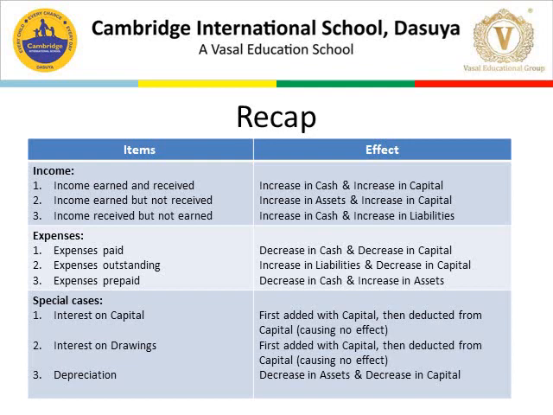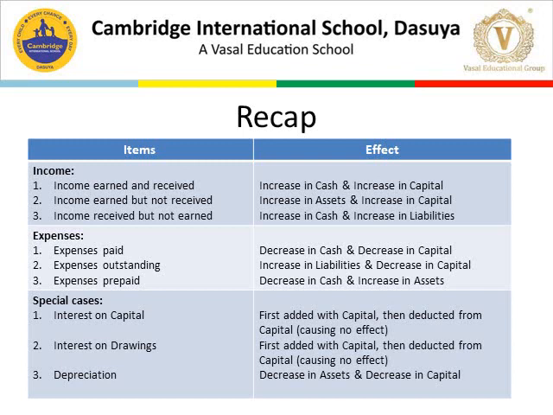Now expenses also have three cases. Number one, expenses paid. It is an expense, so it will decrease your cash and decrease your capital as well. Second, expenses outstanding. Outstanding means due but not paid. So expenses are due but you have not paid those expenses, so it is your liability. It will increase your liability and decrease your capital.